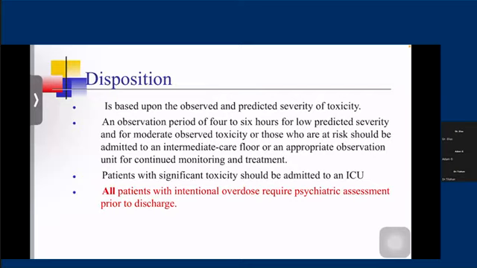There is a score, and depending on that score we may require psychiatric assessment before discharge, because patients with underlying psychiatric illness should be treated before considering discharge. After discharge, the patient can come with another attempt and might even complete the suicide. So always make sure there is a psychiatric evaluation before discharge.